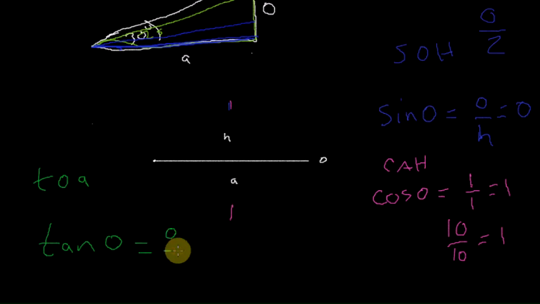But once again, if we chose any number, 11 or 110 or 1100 or 21,100, doesn't matter. 0 divided by any number always equals 0. So tan 0 is also 0.